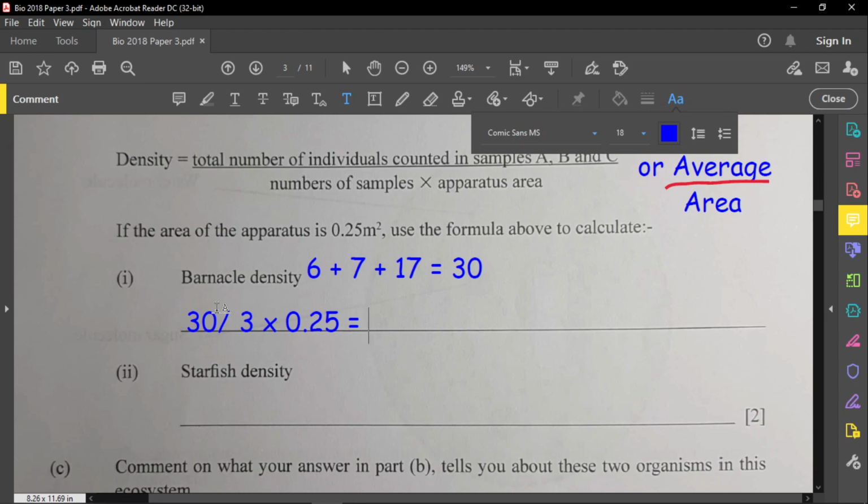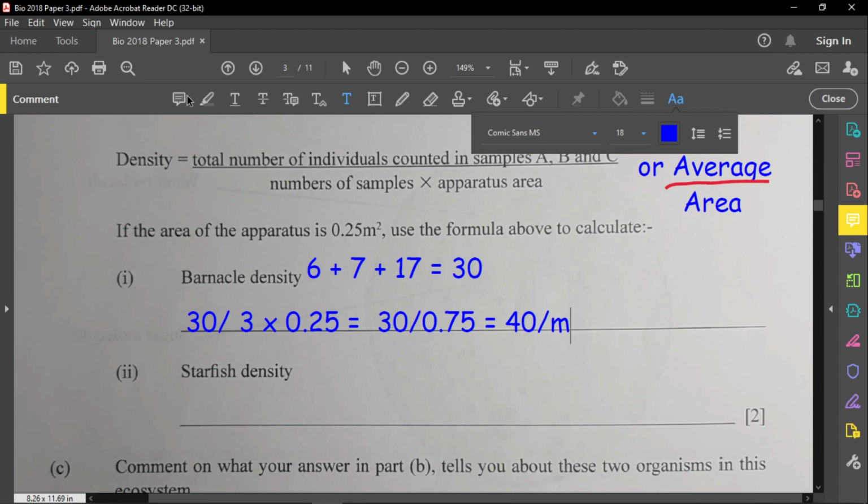So 30 divided by 0.75 equals 40. So it'll be 40 barnacles per, for every square meter, so per meter squared.